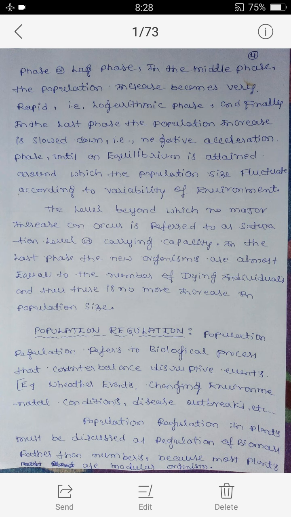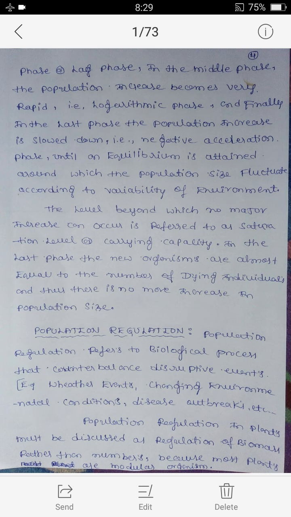Next is population regulation. Population regulation refers to biological processes that counterbalance disruptive events.